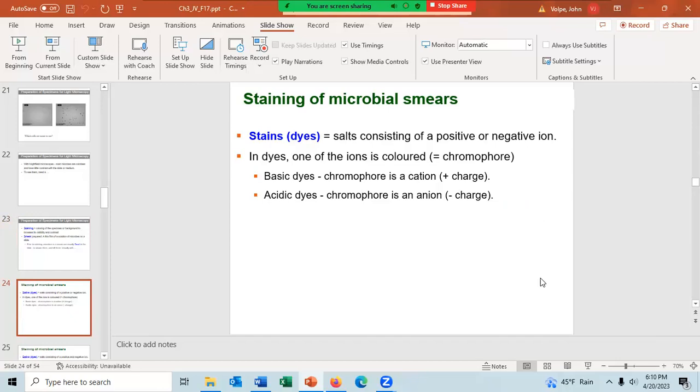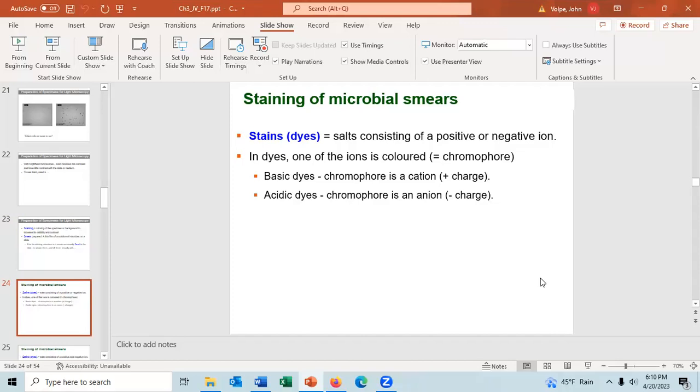Stains, or dyes, those words are used interchangeably, are a salt consisting of a positive ion and a negative ion. The stain would be one ion or the other. So one of the ions is colored. We call that the chromophore.